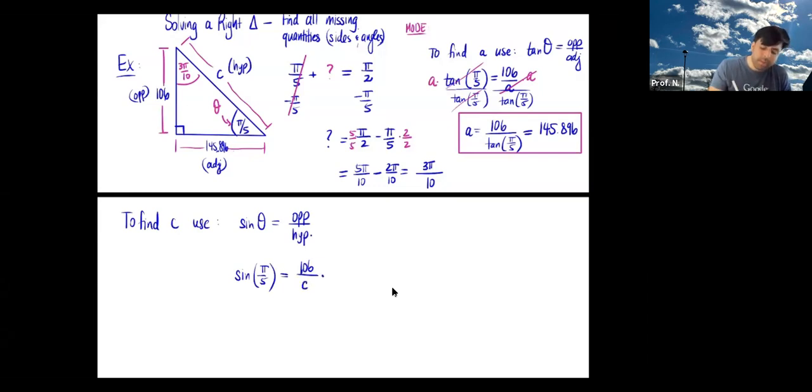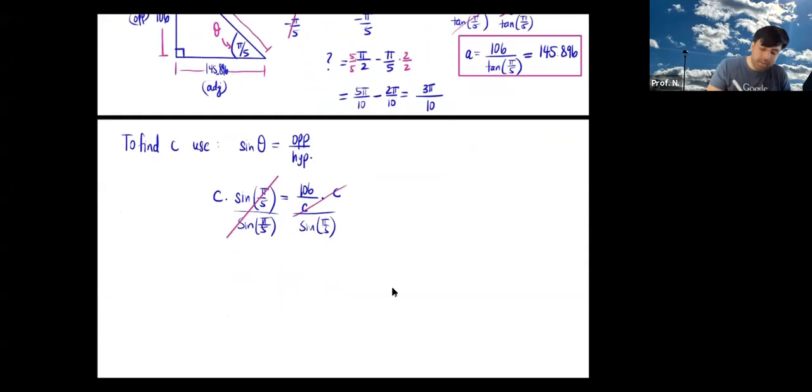To find that C value, multiply both sides by C. These cancel. Then divide both sides by sine of pi over 5. The sines cancel as well, and I get C equals 106 over sine of pi over 5.